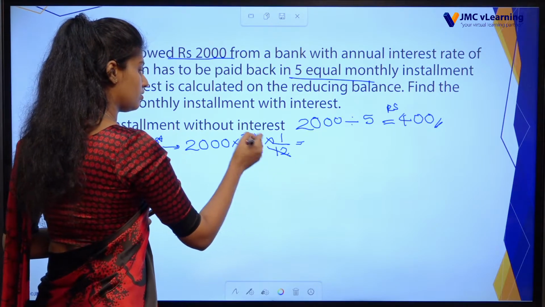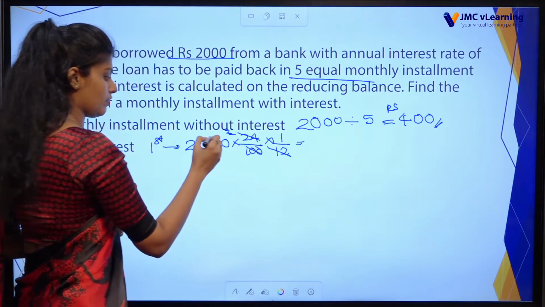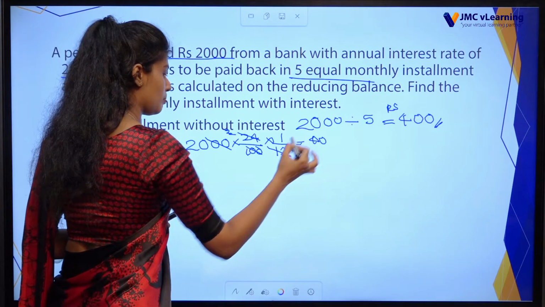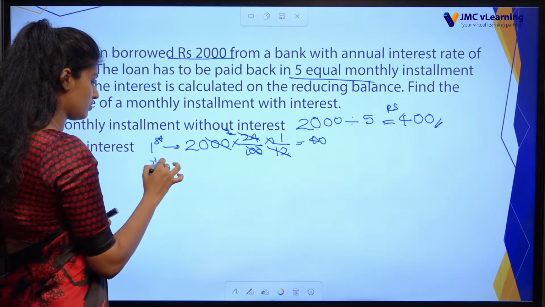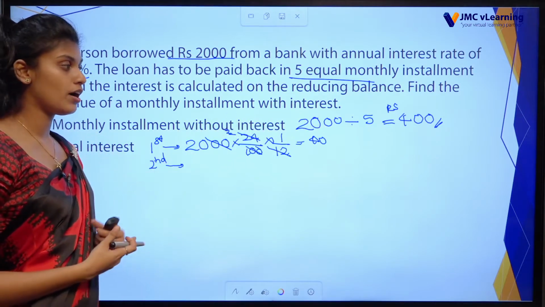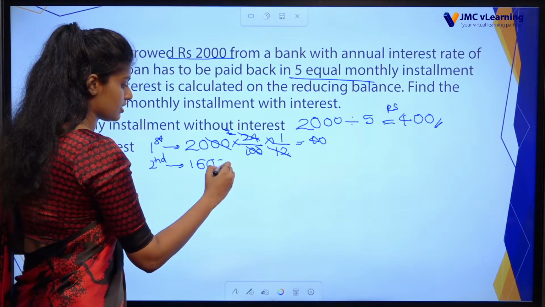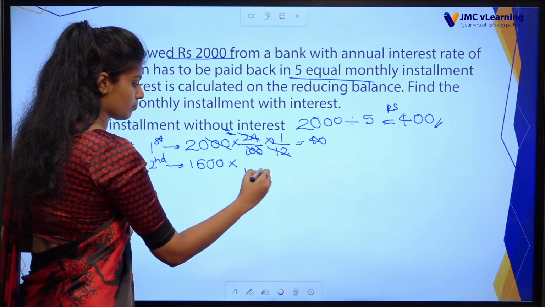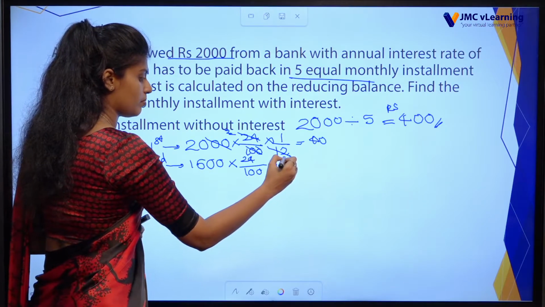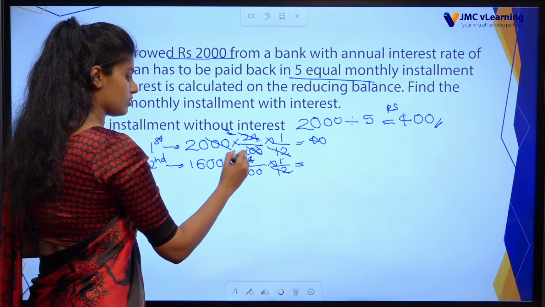It's equal to 2 divided by 100, 20 into 2, 40 rupees. Then second month, then you have to reduce that 400 money, that means 1600, 24% divide by 12. It's 2.